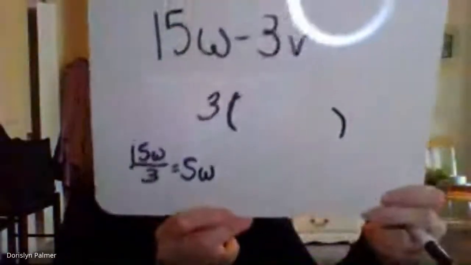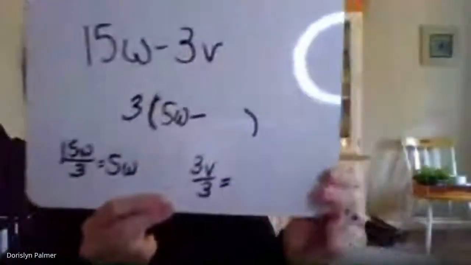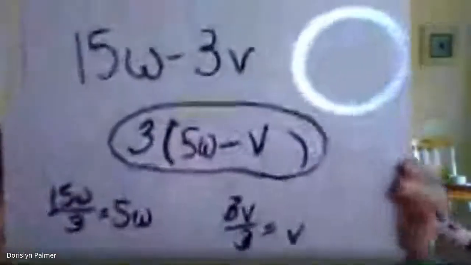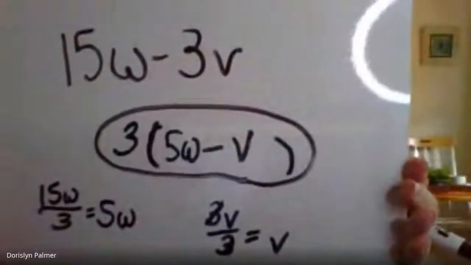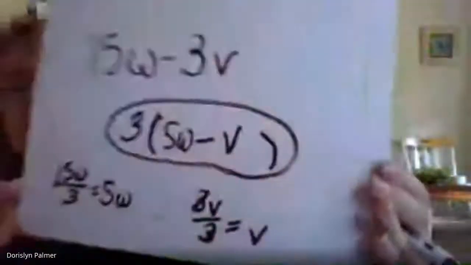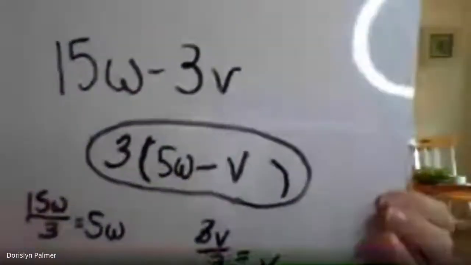That equals 5W. So that goes in my parentheses. And then the minus sign. And then I have 3V. If I divided 3V by 3, those 3's would cancel out and I would just be left with V. So you should have a 3, and then in parentheses, 5W minus V.